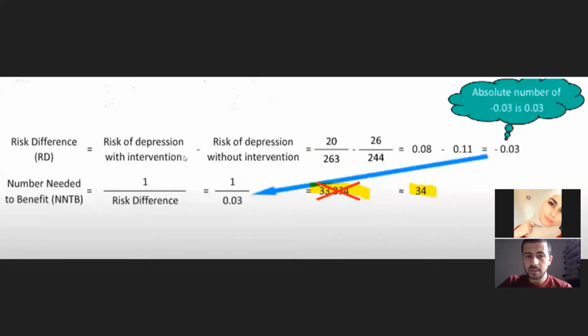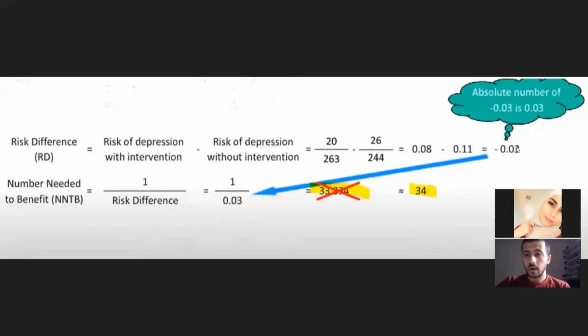When we have the minus in here, we can get to the number to treat. But okay, here we have that outcome that is happening 20%, 20 out of 263, and on the other arm 26 per 244. Okay, so I did the minus, and here we have minus 0.03.